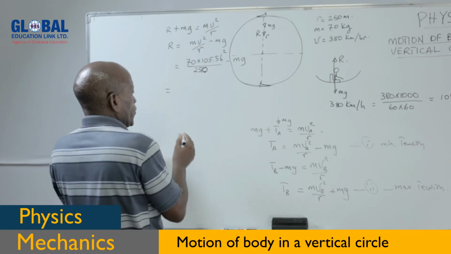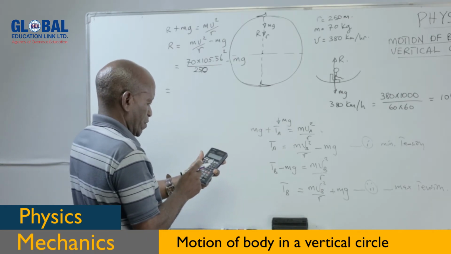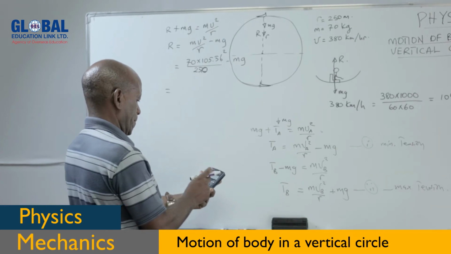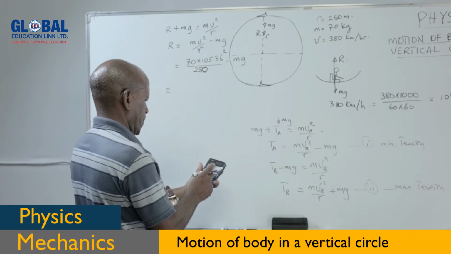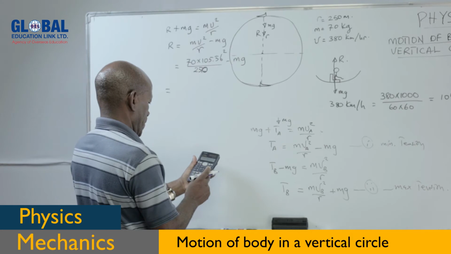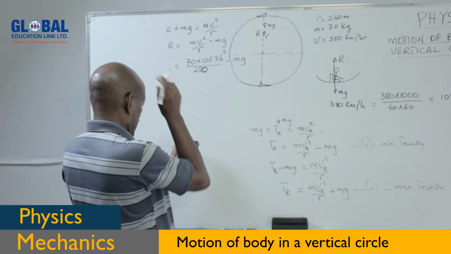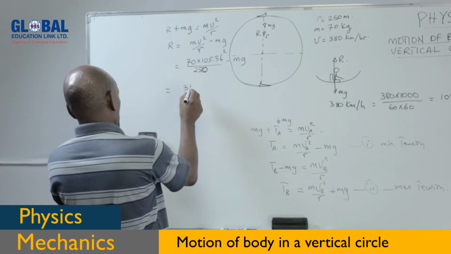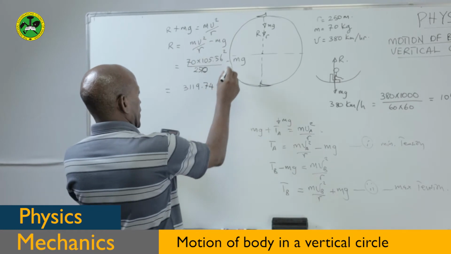So we can compute here comfortably that this will be equal to 3119.74 minus mg.